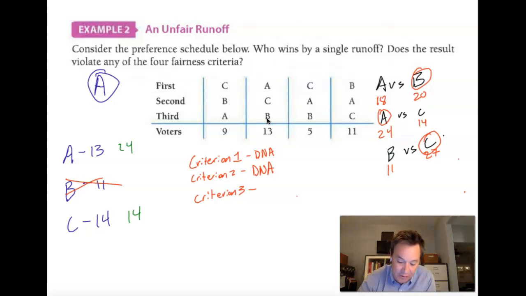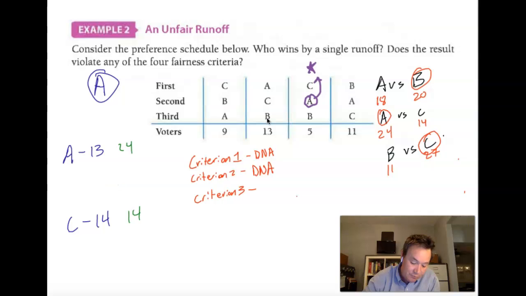If we look specifically at the third column, let's say that these people moved A up to first place, so that A then gets the votes from that column. Remember, A is our overall winner by single runoff. Let's see how that impacts the first round of the election.